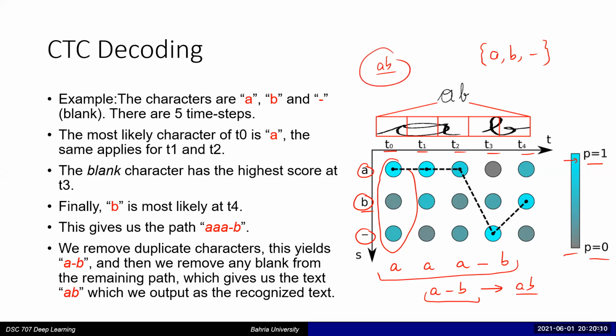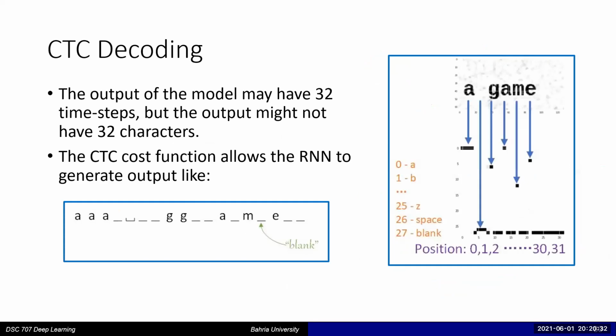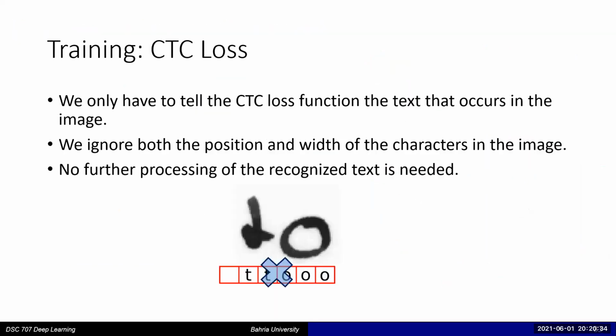So you see, when you are decoding, you simply follow those 2 steps. First, pick the character with the maximum probability at each time step, then remove the repeating character, okay, and then remove the blanks.